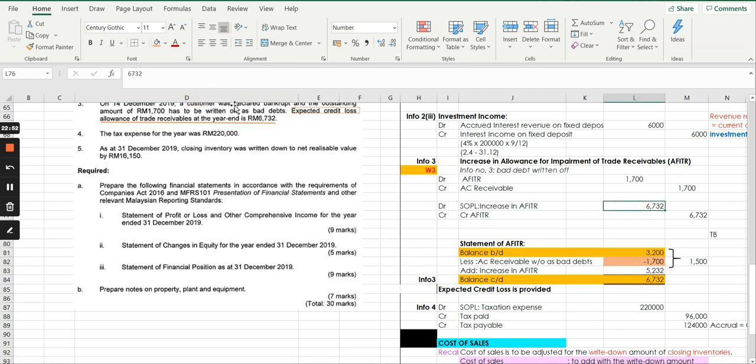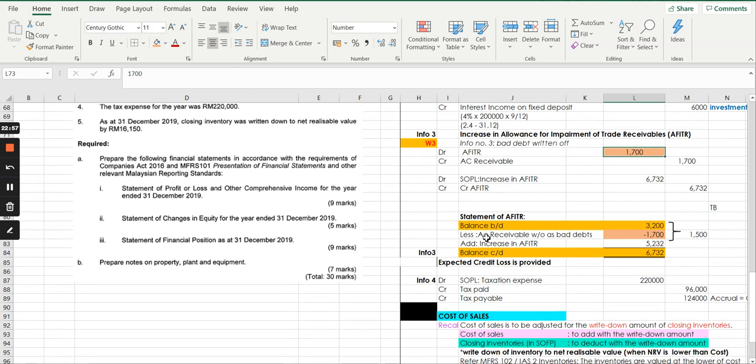Therefore, the difference between the balance after the write-off, as you did before, and 6732 will give rise to an increase in allowance, and that is going to be charged as your charge for the year in your SOPL. Specifically, this will be under your admin expenses. So 5232 here, you need to put under admin expenses.